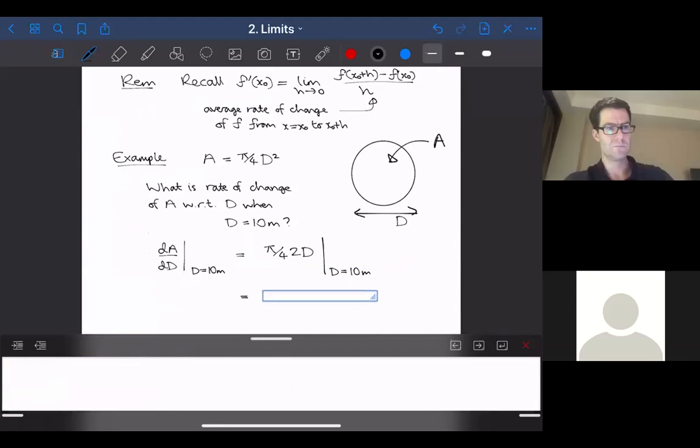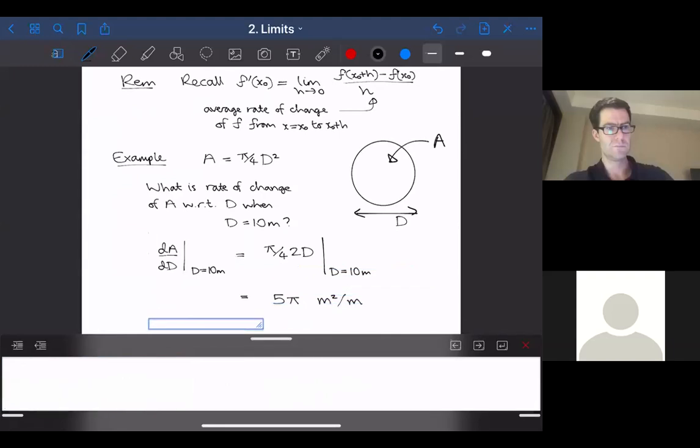And so the answer is 5 times pi meters squared per meter.